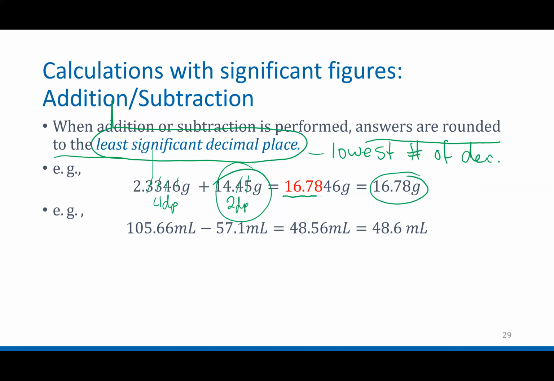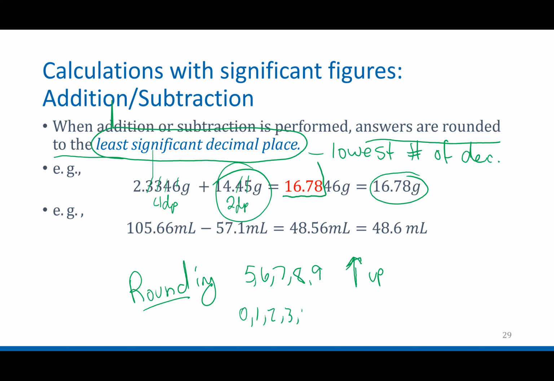I take this number and I cut it off to 2 decimal places, but I want you to be careful when you round. Don't forget what you learned in math when you were younger, rounding numbers. If the number is 5, 6, 7, 8, or 9, you round up. If the number is 0, 1, 2, 3, 4, you round down.